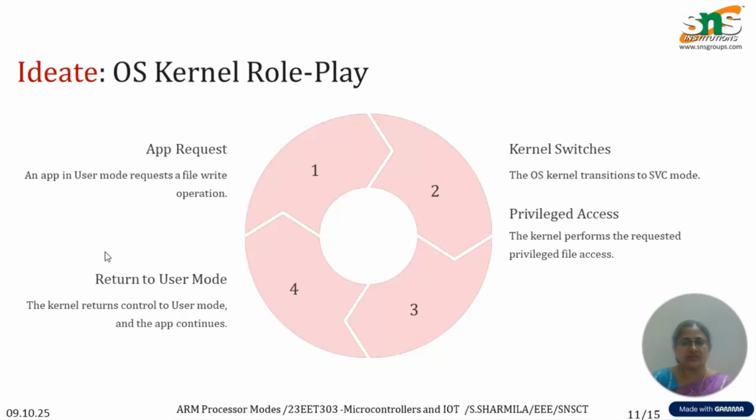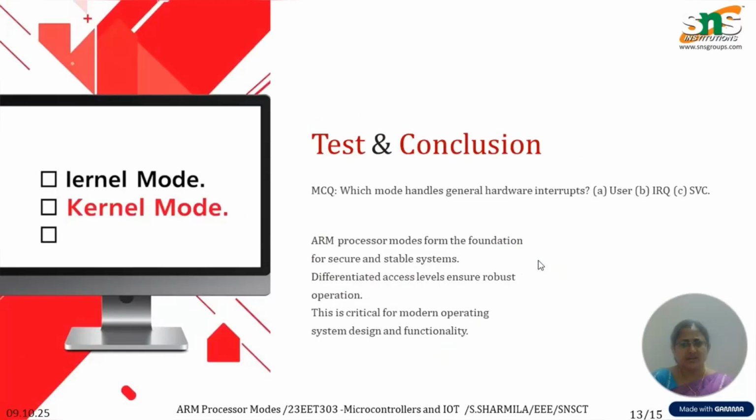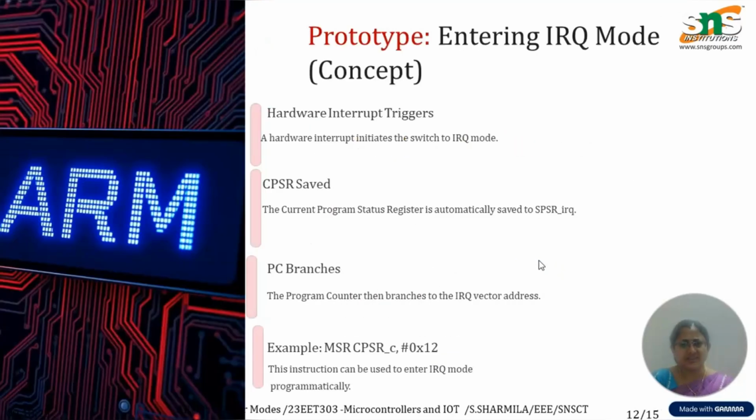And the next one is the prototype: entering IRQ mode. How do we enter these modes for an interrupt? The process is automatic: a hardware trigger causes the processor to save the current CPSR, switch to IRQ mode, and jump to a specific memory address to run the interrupt handler.